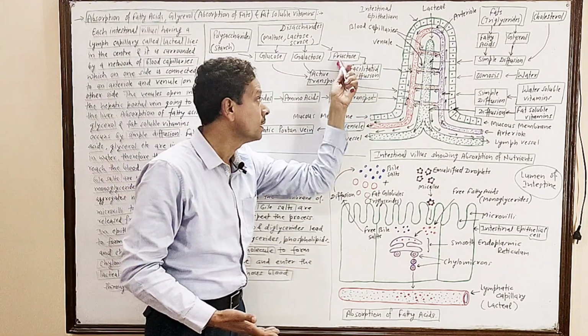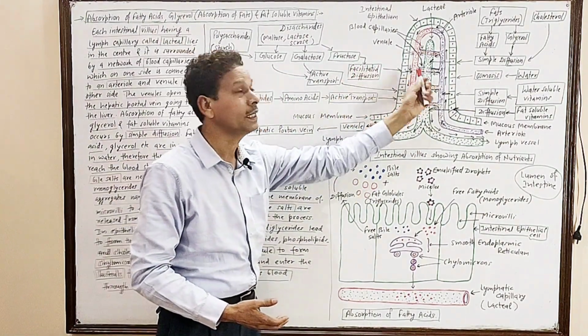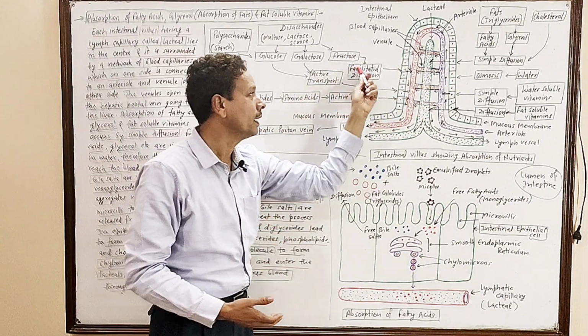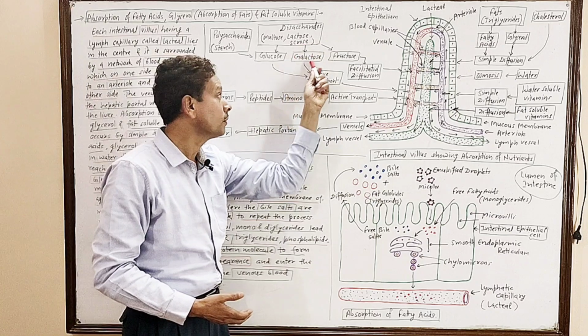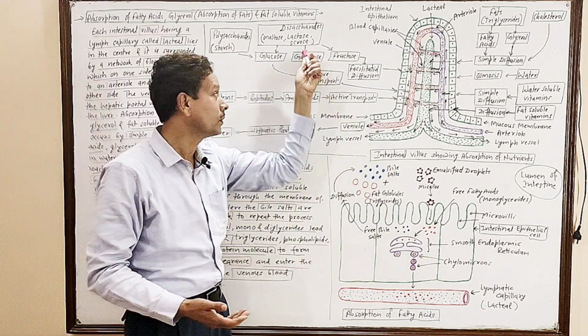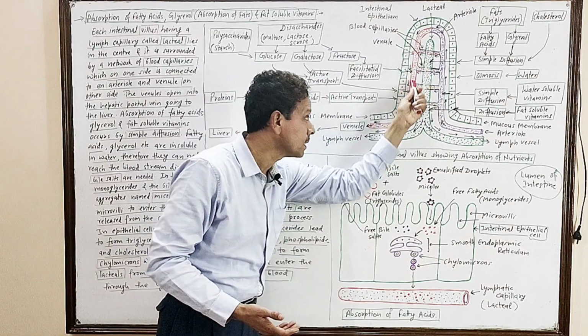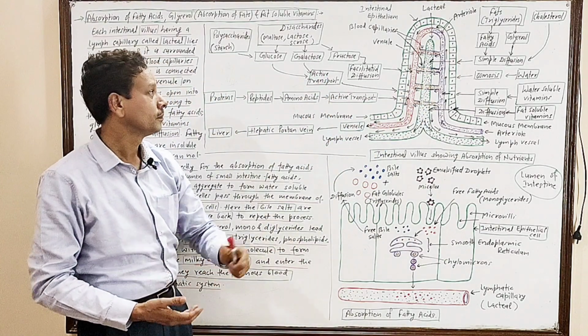Dear students, fructose is absorbed by facilitated mechanism and enters the bloodstream. Galactose is a monosaccharide, and it enters the bloodstream by active transport.